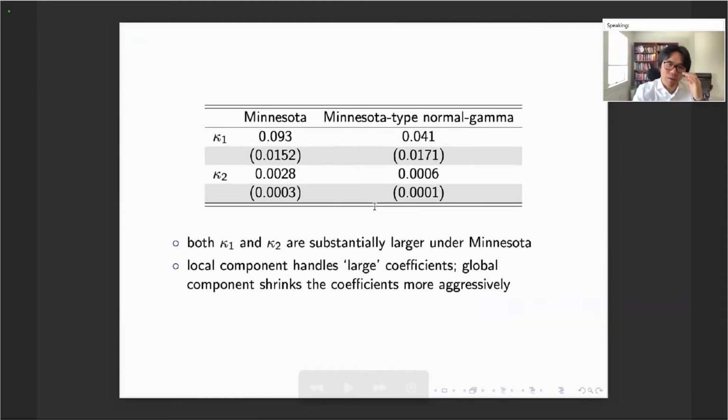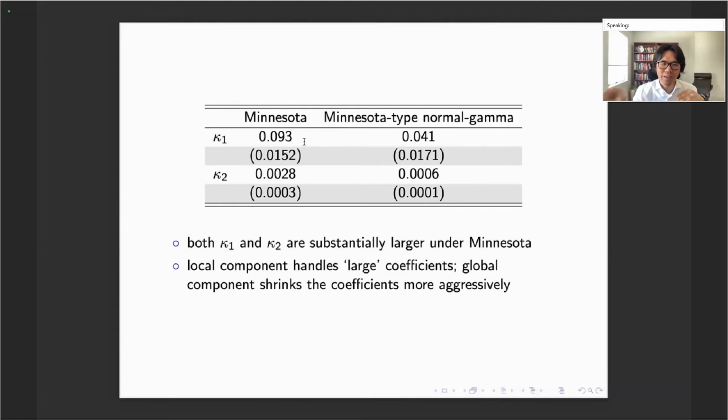So another result is that now I compare the Minnesota prior with the Minnesota normal-gamma prior, right? The only difference is that the normal-gamma prior has a local component. And here you can see that by adding the local component, once in a while you get a coefficient that is large, right? So the local component is supposed to take care of that.